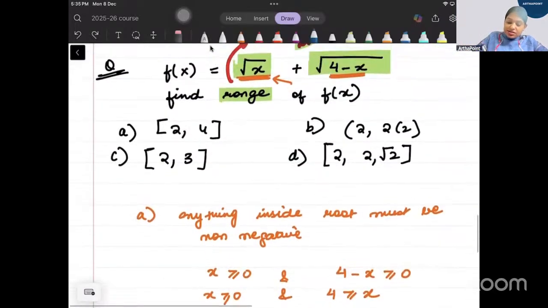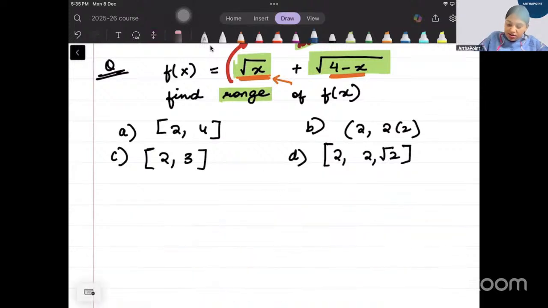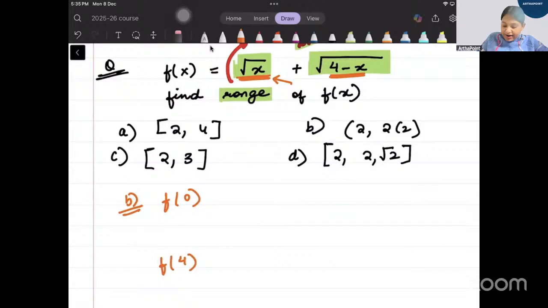Notice that since this is a function which has its domain defined between 0 to 4, I can check what values the function is taking at 0 and at 4. Let's check this also. Second, if I check at 0 and at 4: root 0 plus root 4 minus 0. So root of 4 is 2.